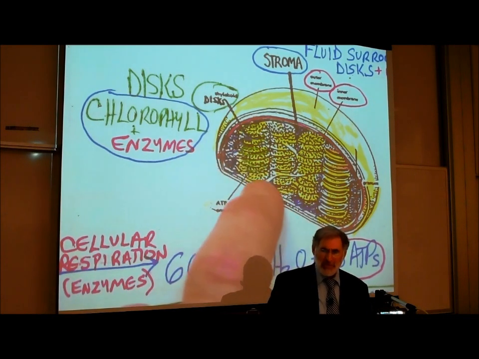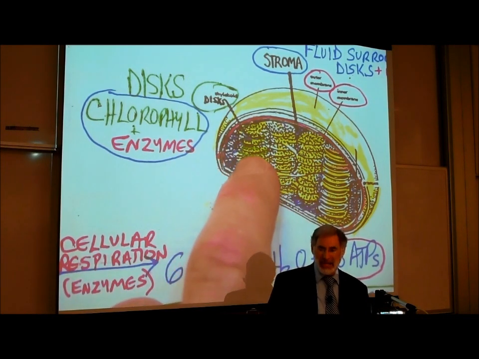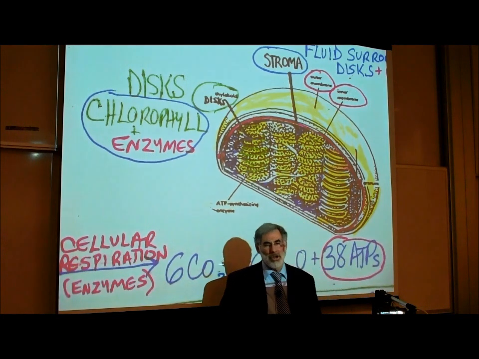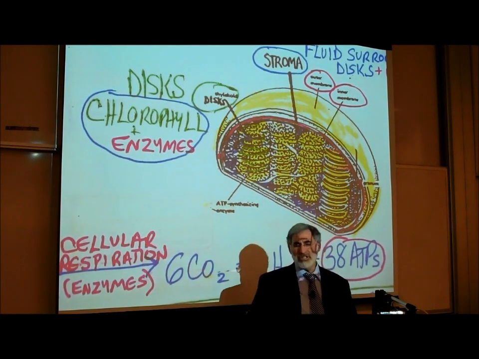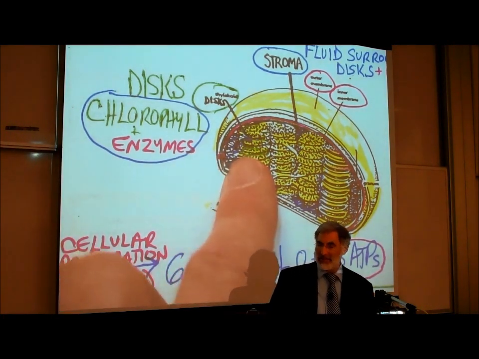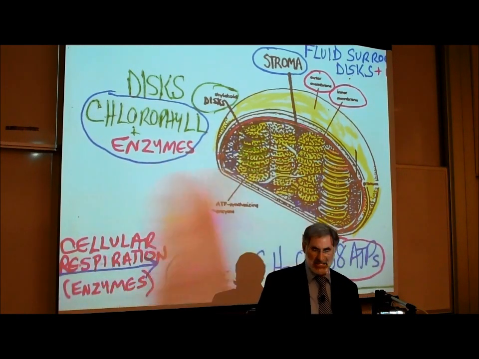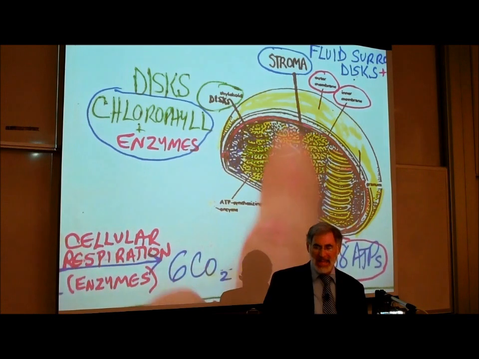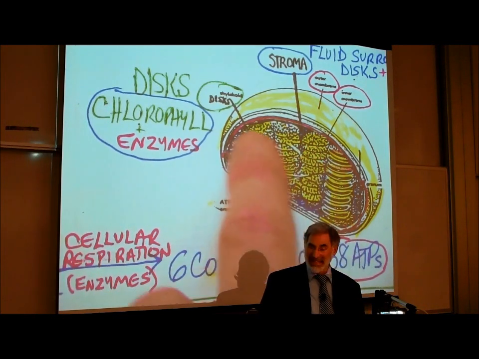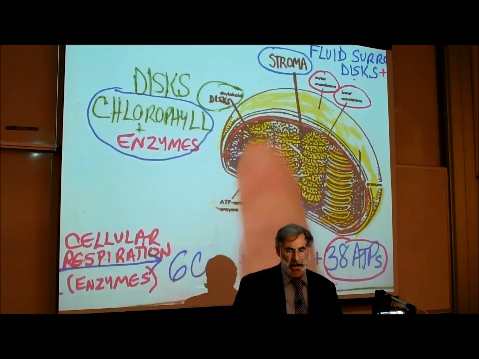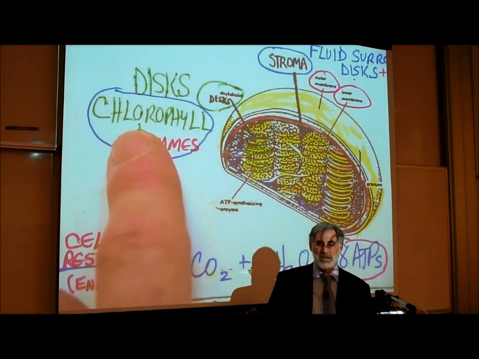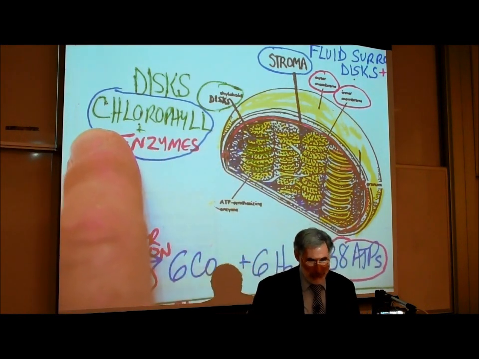Now, there's a lot of speckles or dots shown on those discs. Those speckles indicate, just like the speckles on the mitochondrial inner membrane, they represent enzymes. So there's a whole lot of enzymes in these little discs. Not only are there enzymes, there is the green-colored chemical called chlorophyll.